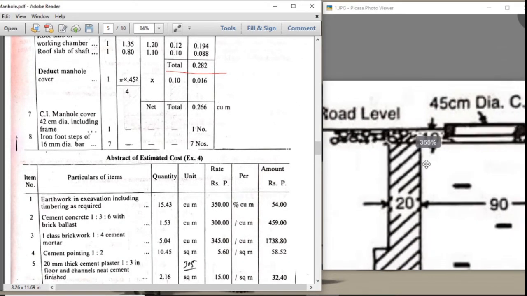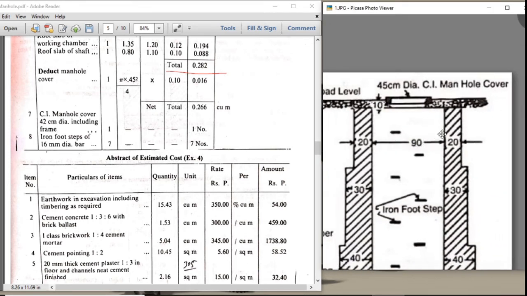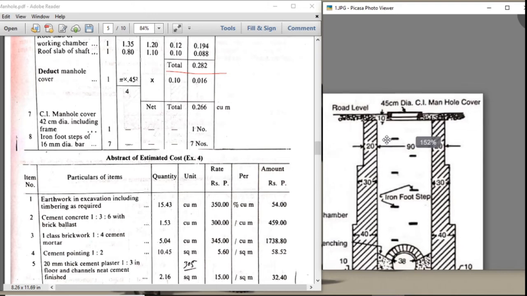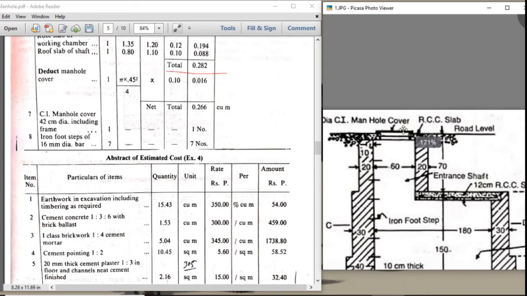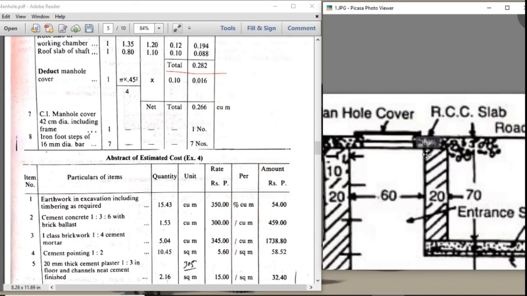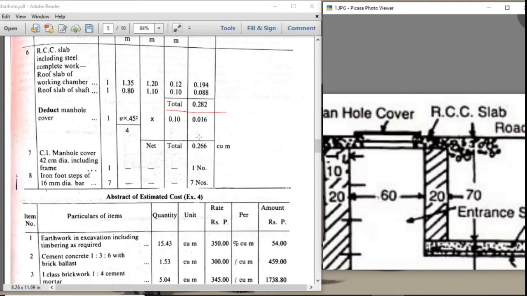Now, we did this full length of RCC slab work. In that RCC slab we have to provide a manhole, so we have to deduct the manhole size. So 1 into pi d square by 4, into the thickness 0.10.